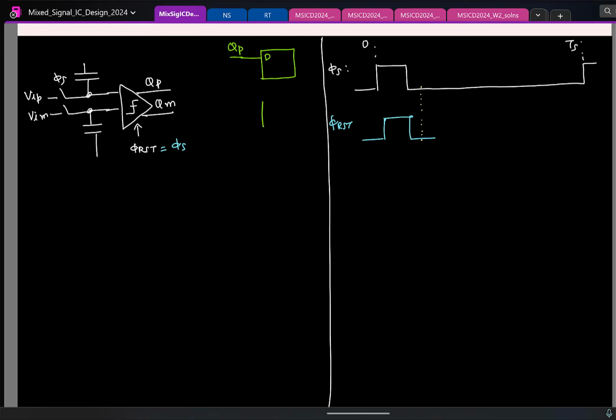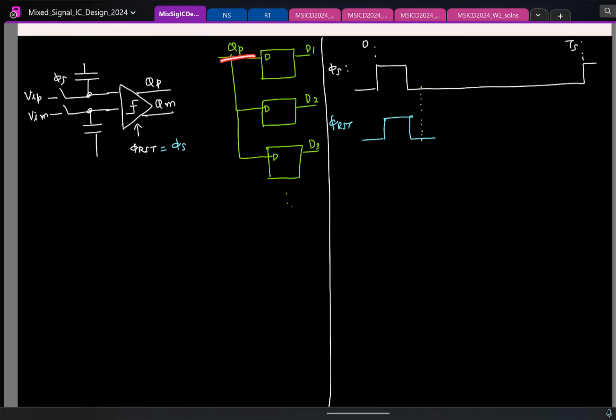So let's say this is the second one, third one. So remember, all of them will be connected to the same D input. So let's say this is the first MSB D1, this is D2, D3, and then you have so much.